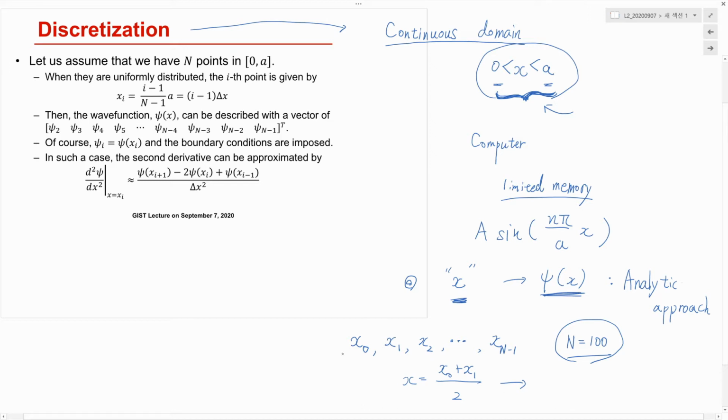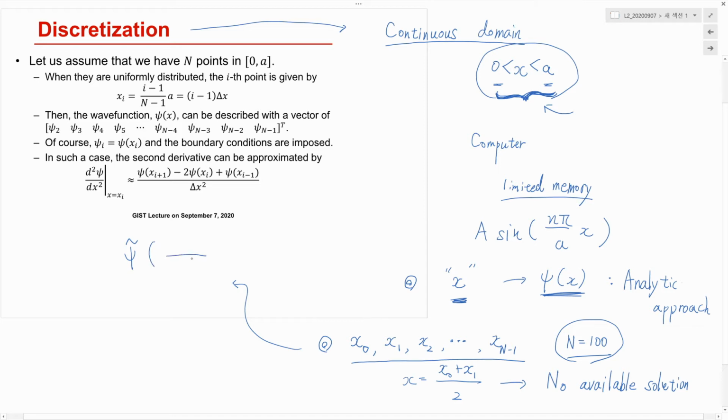However, when we work with this discretized approach, we have no available solution. However, we will make a certain assumption that this solution psi, which is approximated in this discretized domain, has smoothly varying properties.